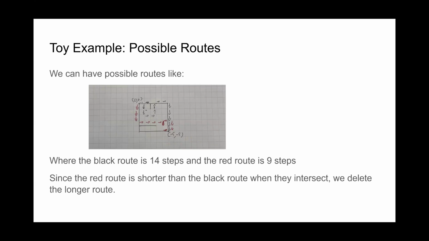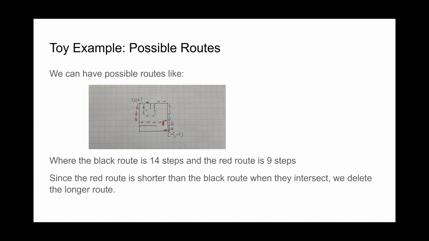And then we can have possible routes, like here in this example, where you can go back up over the bad intersection and around the entire graph. But in this case, the black route is 14 steps and the red route is 9 steps.